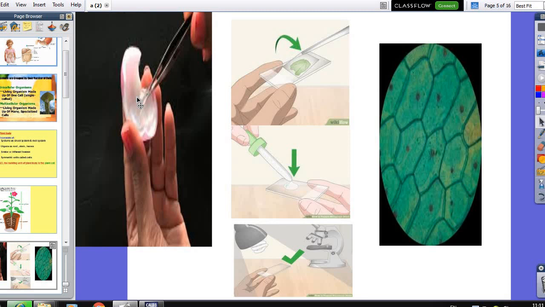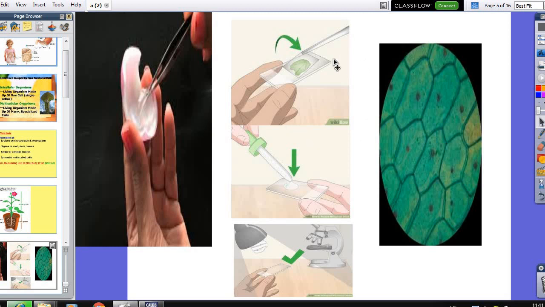Okay, and I have a video you can see. The most important part is how to extract the plant cell or plant tissue from the epidermis tissue of the onion, the inner leaf of the onion.